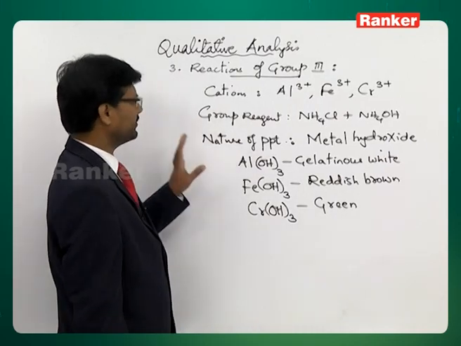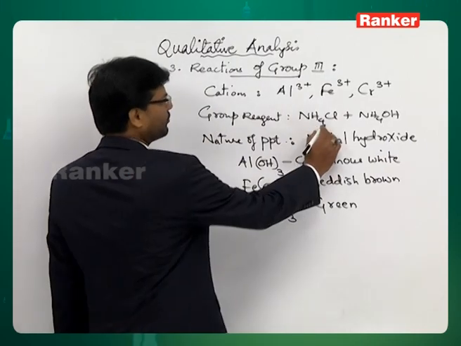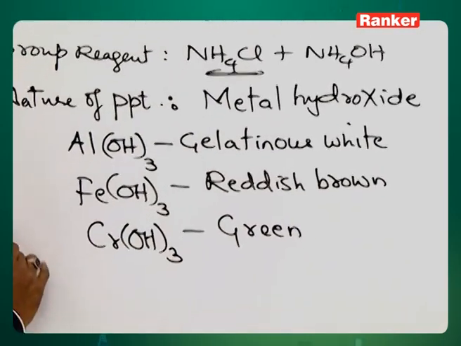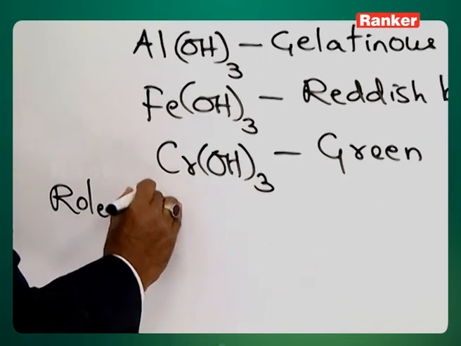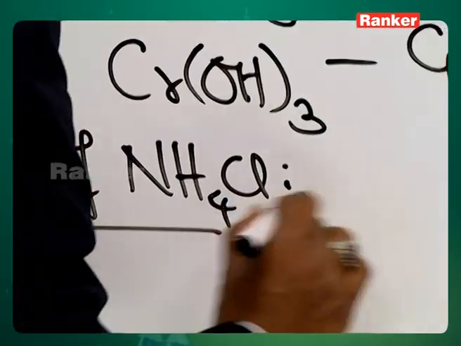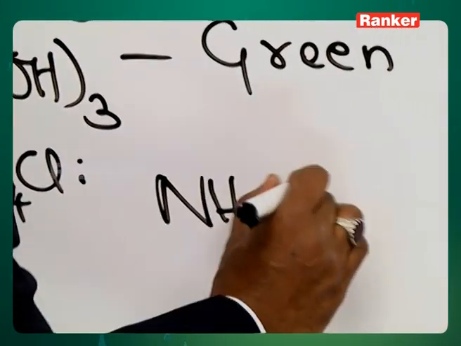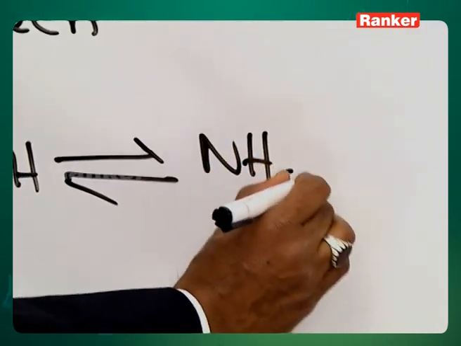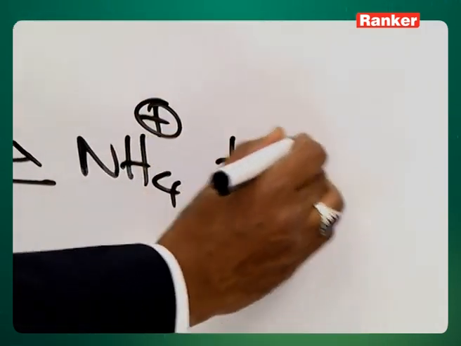Now, another important thing we are supposed to know is the role of ammonium chloride in the group reagent. Ammonium hydroxide dissociates to give NH4+ and OH-.